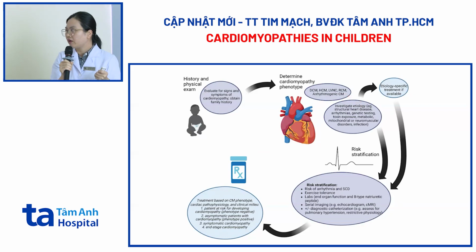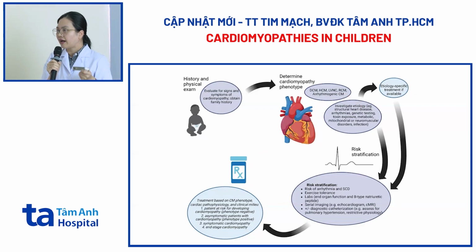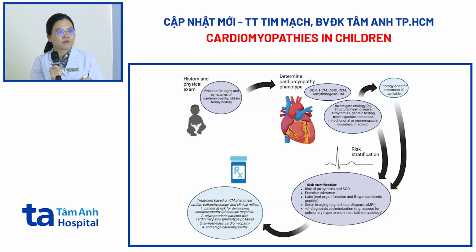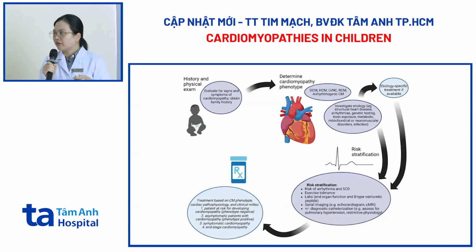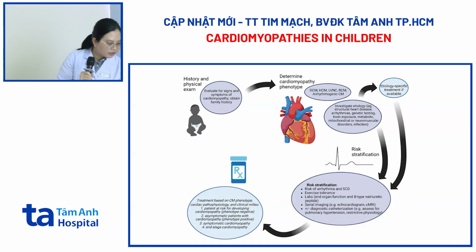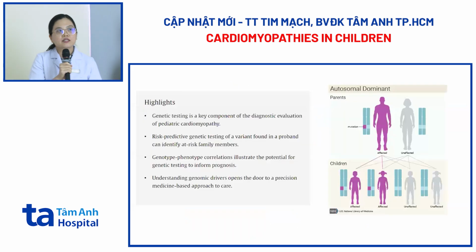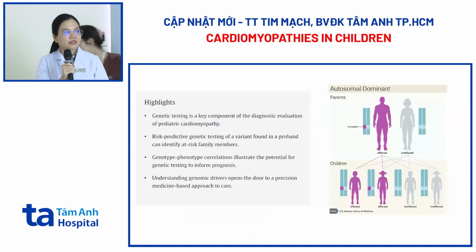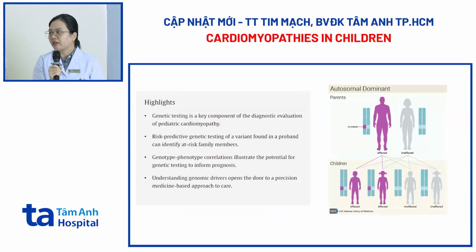You need to remember, we need to exclude some other diagnoses before we confirm that the patient has cardiomyopathy. And also the genetics is very important. It's the key in making the diagnosis in pediatric cardiomyopathy and the risk to family members.